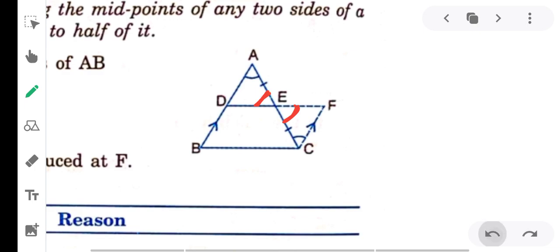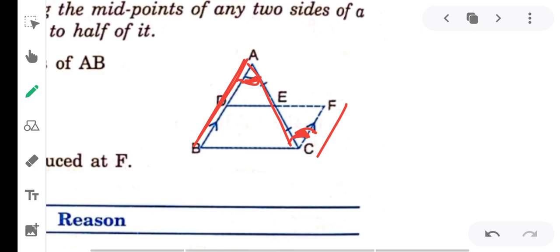Then angle EAD equals angle ECF because AB is parallel to CF by construction and AC is a transversal, so these two angles are interior opposite angles.